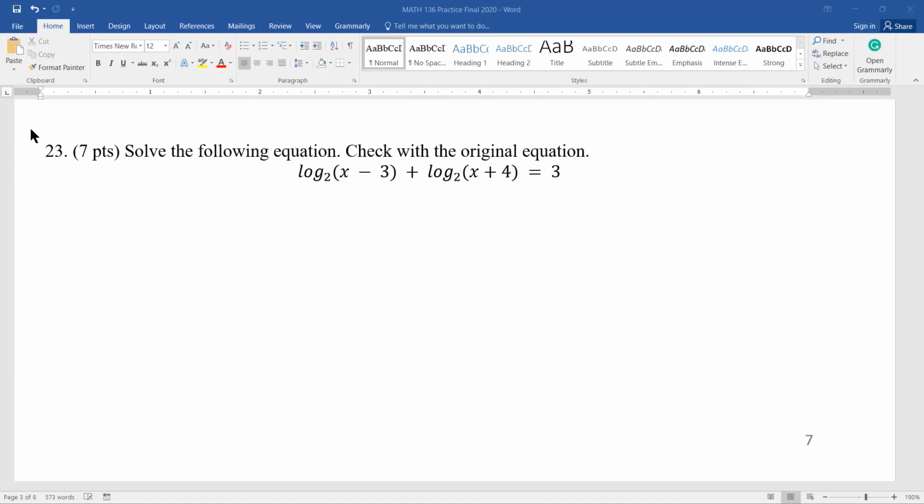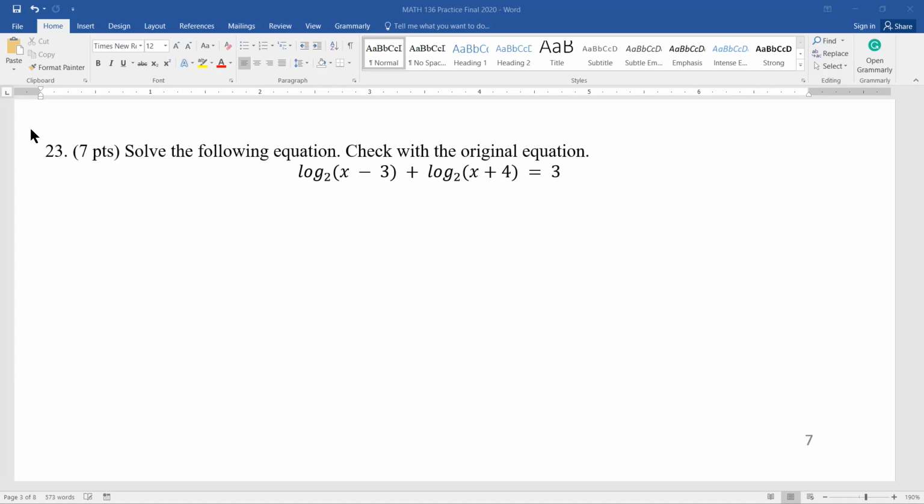Then I would just multiply all of this together. That's just a box problem. So log base 2, when you box them together, you get x squared plus x minus 12 equals 3.